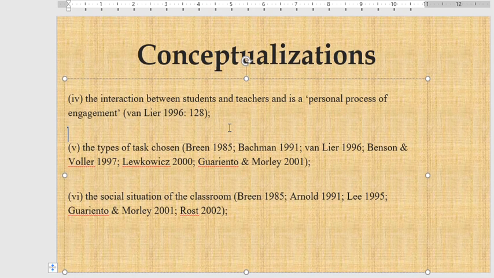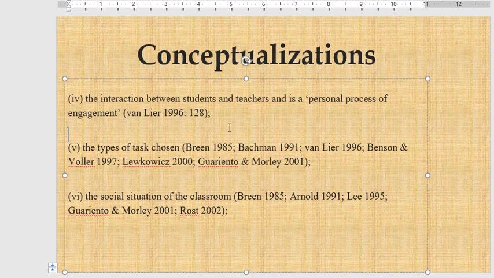Here, the producer of this idea believes that in an educational context, if students and teachers successfully interact with each other, then we can say that the interaction between them is authentic. So it is a personal process of engagement. It means that if the teacher successfully engages students in the process of communication and interaction, then it is going to be an authentic interaction.